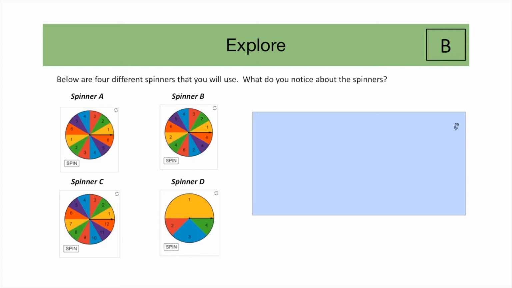Some students may point out that spinner D has 1 as 1/2 of the spinner. Students may point out that spinners A, B, and C, even though they have different numbers, are divided into an equal amount of parts, so on and so forth.